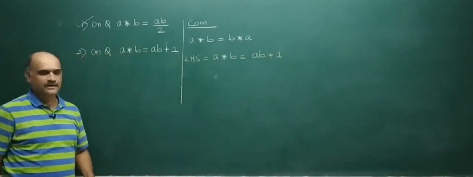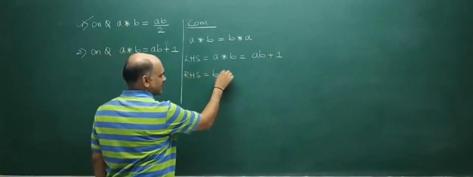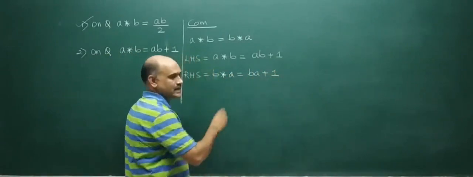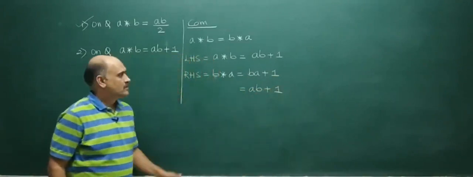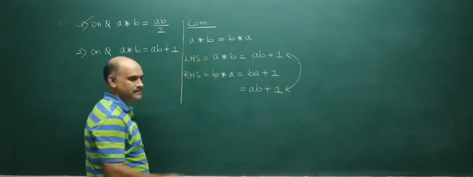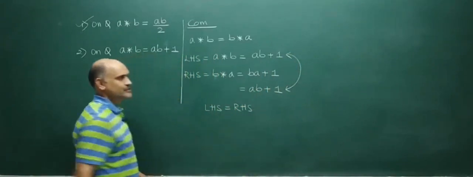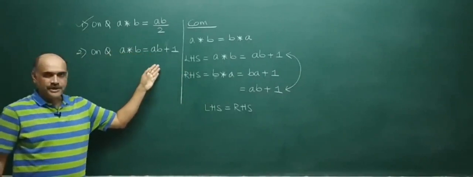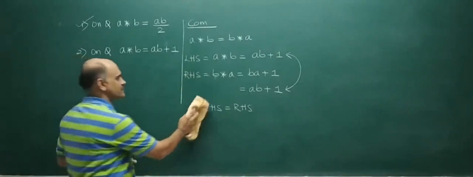RHS: B star A will be BA plus 1. Again AB and BA are the same, so this is again AB plus 1. So if you observe these two, both are the same. So LHS is equal to RHS, which means the given function is commutative. Clear? Okay.